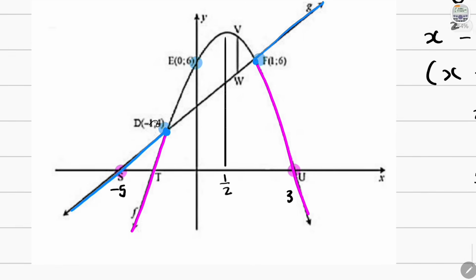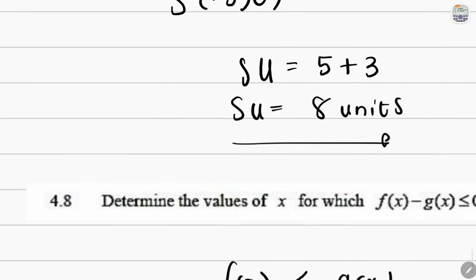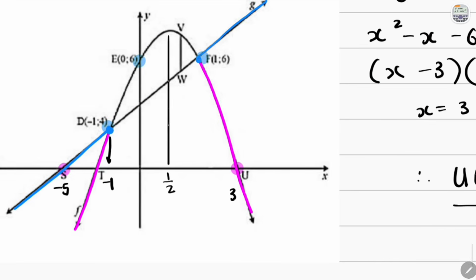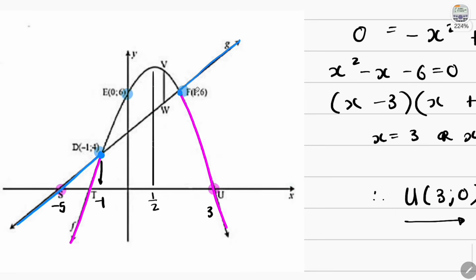We can see the point of intersection is -1. So this starts where x is equal to -1. And then it works for all the values here, which are less than -1. So we can see that is where x is less than or equal to -1. Or, and then the other part that we have selected is here. We can see where they intersect, where they're equal, is at 1.